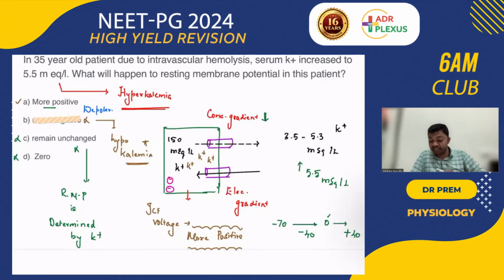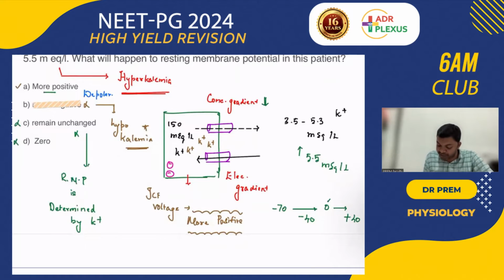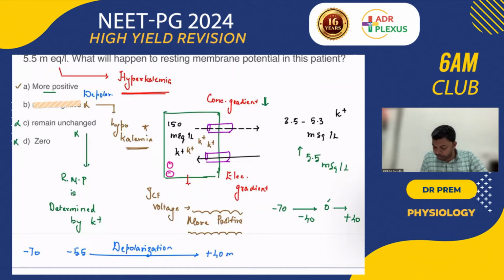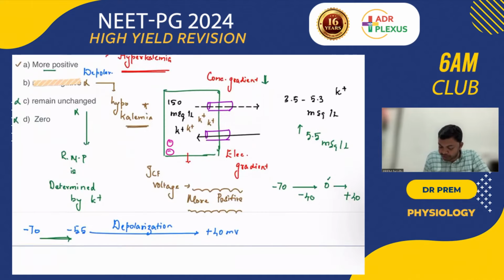Still, more positive is the right answer because what is depolarization? If the RMP is minus 70, and what is the threshold? The threshold is going to be minus 55. Once minus 55 is reached, only then you are going to get something called depolarization, and the potential will reach all the way up to plus 40 millivolt. From minus 70 to minus 55, this movement is going to be called local potential.